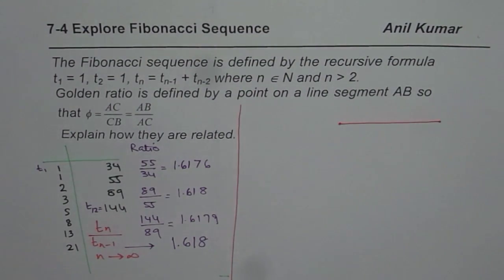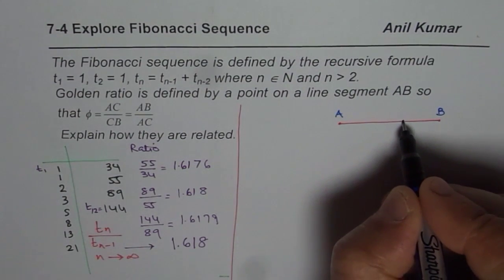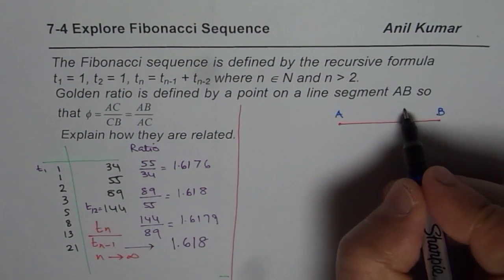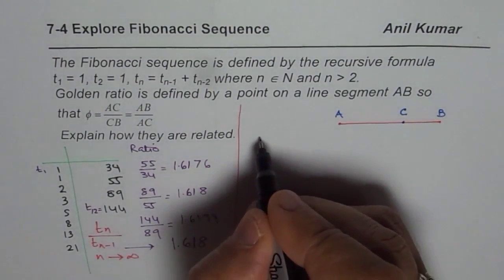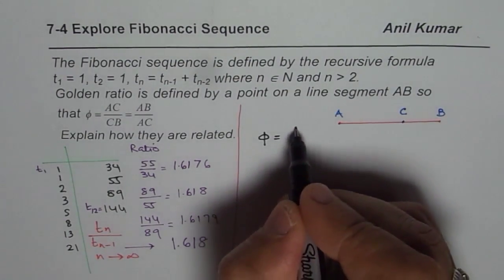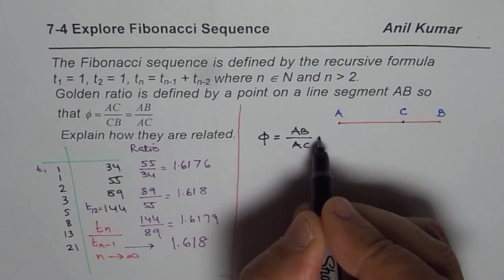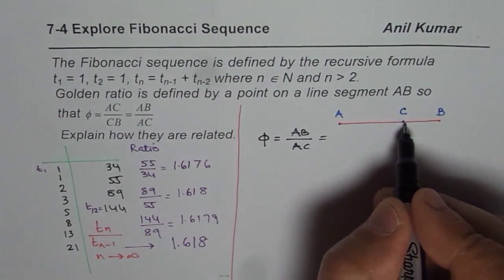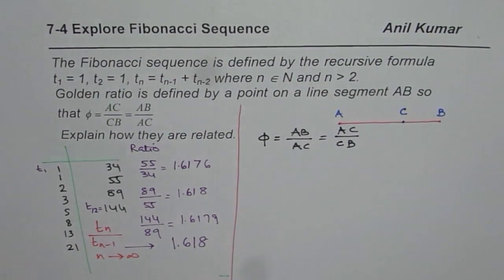Let me label A and B as the points on this line segment, and take a point on this segment which is in our case C. Then the golden ratio is defined by phi, and that is equal to the whole, which is AB, divided by the larger part, which is AC, equal to the ratio of larger part to smaller part, which is AC divided by CB, right? That is what this ratio is all about.